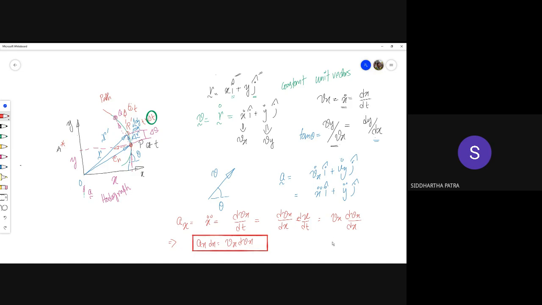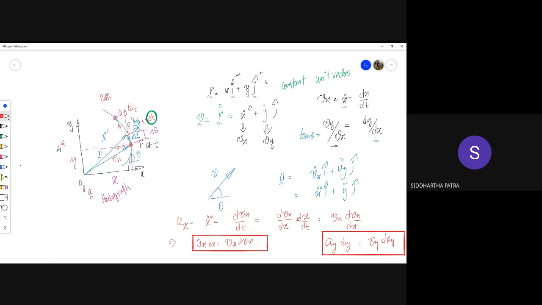You can also do that for the y coordinate. The point being that the individual coordinates themselves are actually performing rectilinear motion when you represent the motion in the Cartesian coordinate system.